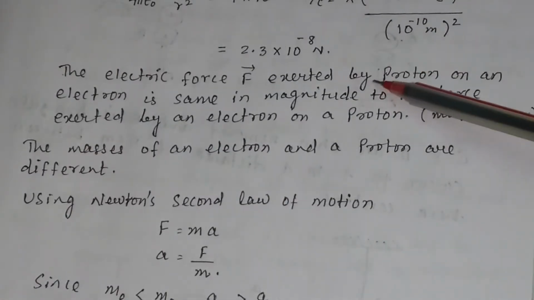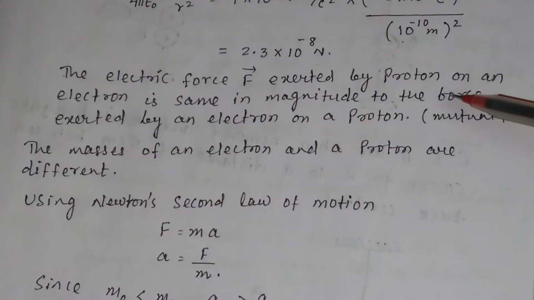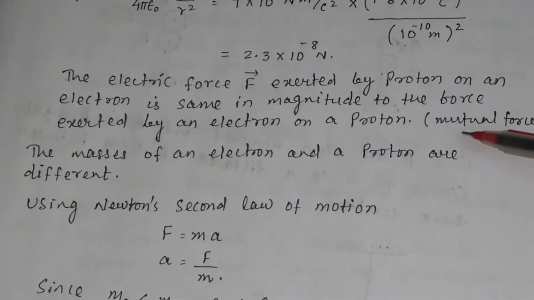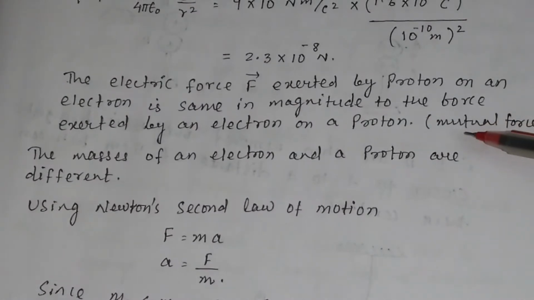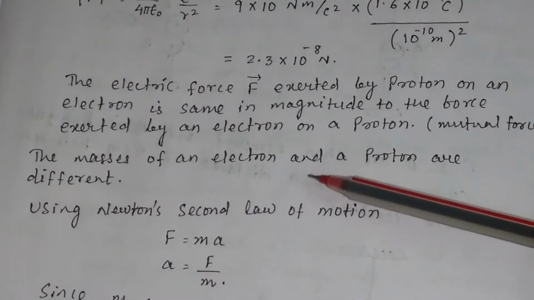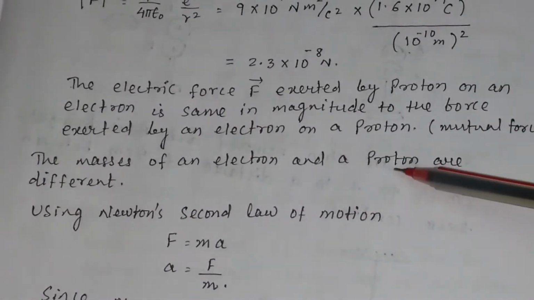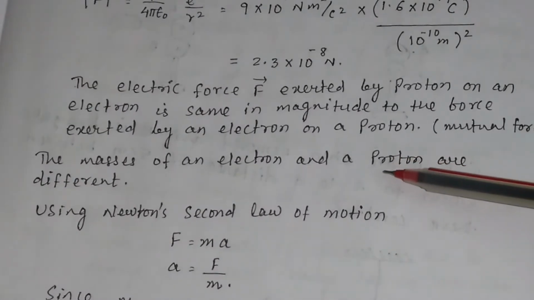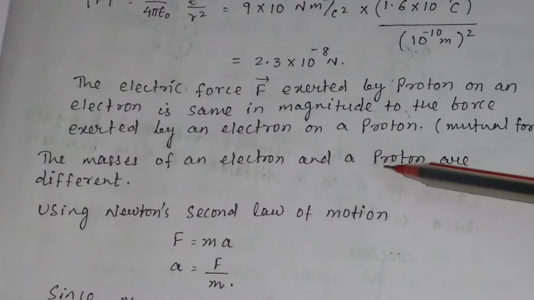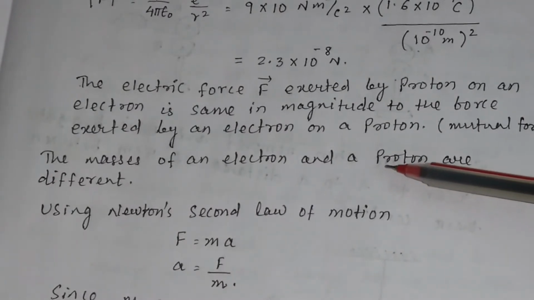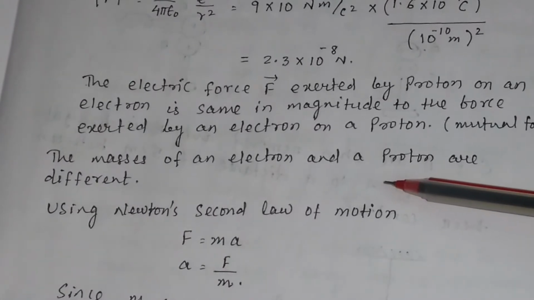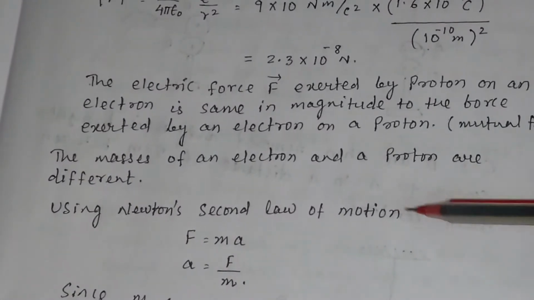The electric force exerted by the proton on an electron is the same in magnitude as the force exerted by an electron on a proton, because the force is a mutual force. But the masses of the electron and proton are different. The mass of the proton is 1.67 × 10^-27 kg, and the mass of the electron is 9.1 × 10^-31 kg.